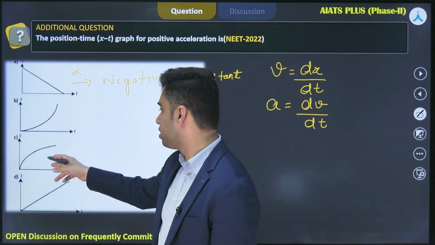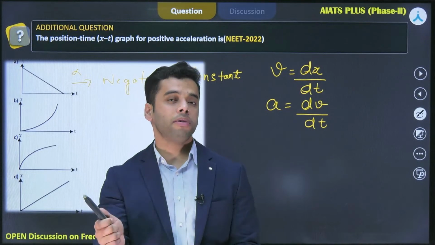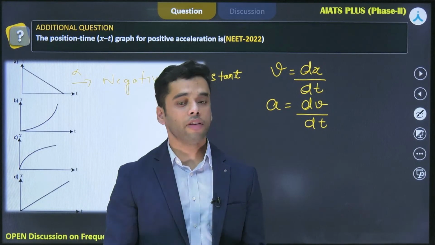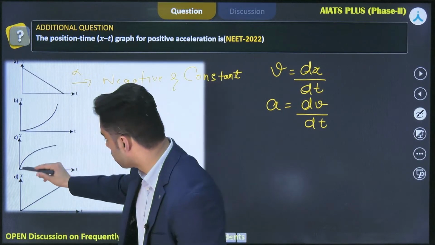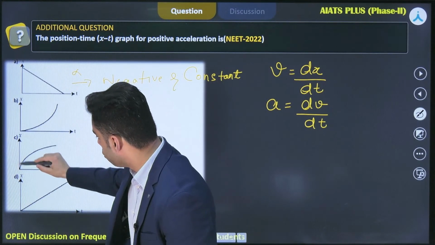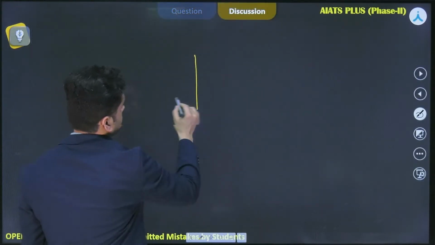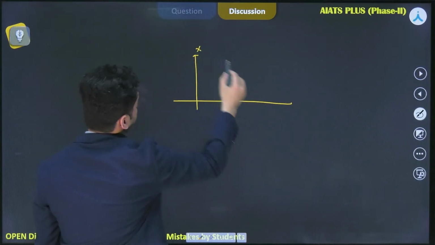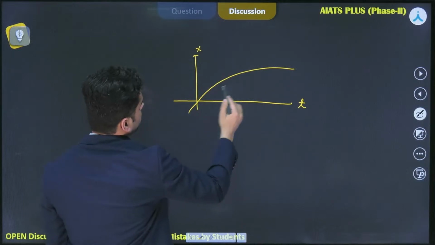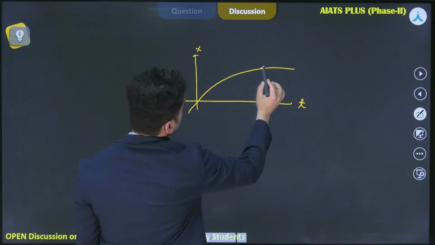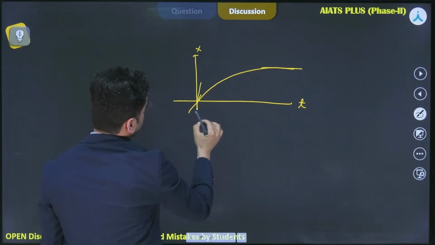Let's talk about C first. For positive acceleration, the concept is that the velocity should keep on increasing, and velocity is given by the slope of the xt curve. I'll draw it over here. This xt curve is given to you as something like this. You can see that the slope over here is equal to 0, and over here it is approaching 90 degrees.